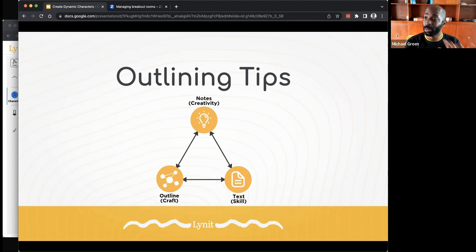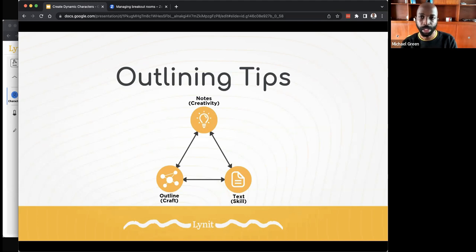Maybe your first version of your character outline has very little information in their needs, stakes, challenges. Maybe you only know their need when you first start, or maybe you only know their challenge. But these tips will help you discover those things and really get into the mind of your character so that you can structure them more properly as you know more.